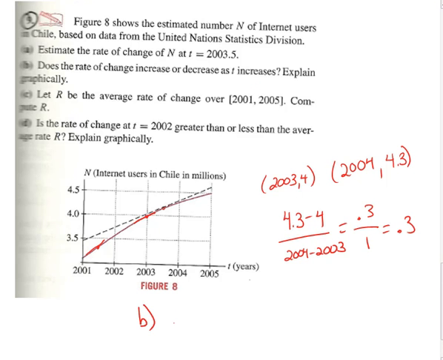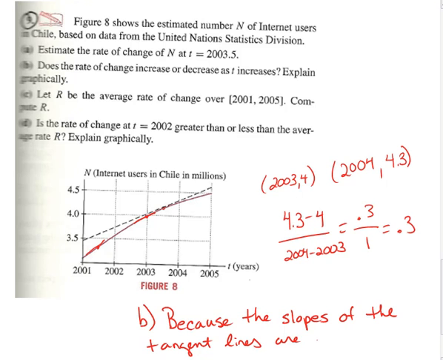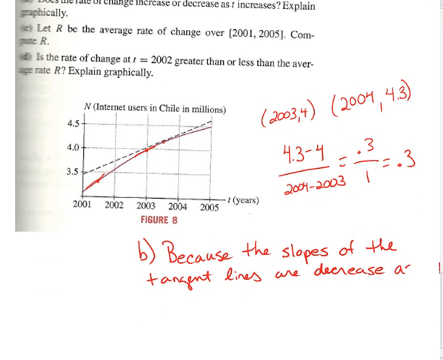So because the slopes of the tangent lines are decreasing, they're becoming flatter, which means they're decreasing as t increases.